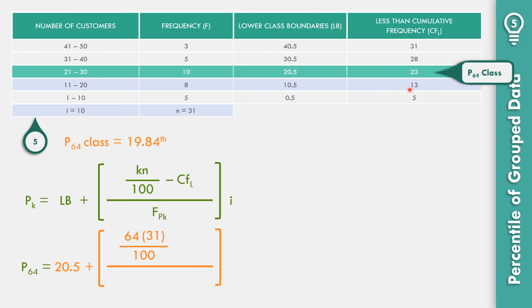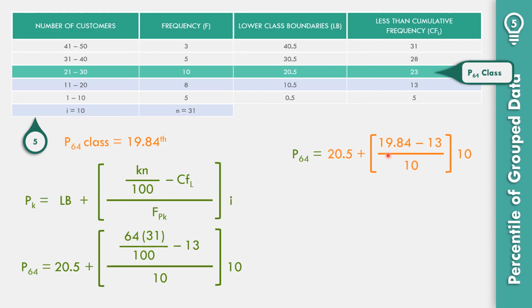The cumulative frequency of the class before is 13. So minus 13, all over the frequency of the P sub 64 class, that is 10, times the interval, that is 10. So let us continue to solve. P sub 64 is equal to 20.5. 64 times 31 divided by 100 is 19.84. Copy negative 13, copy 10, copy 10.